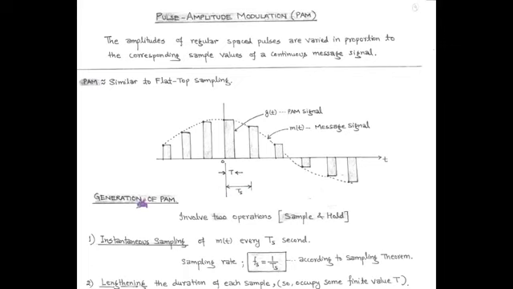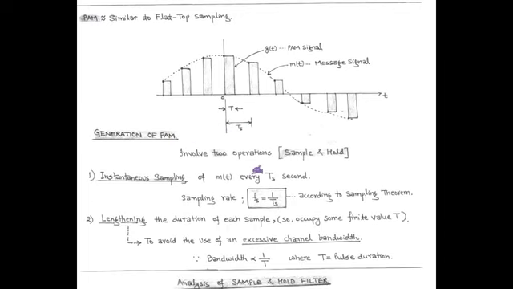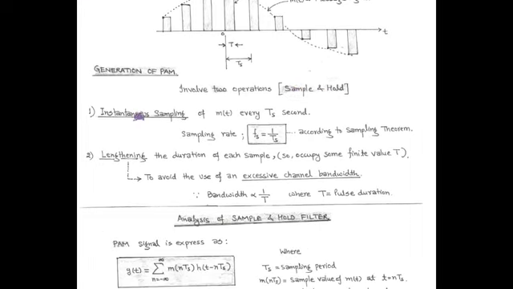And for the generation of a PAM signal, two operations are involved, that is called sample and hold operations. In these operations, we have instantaneous sampling of the modulating signal and lengthening the duration of each sample or pulse. So, for instantaneous sampling of the message signal, there is a criterion of sampling with sampling rate of Fs.